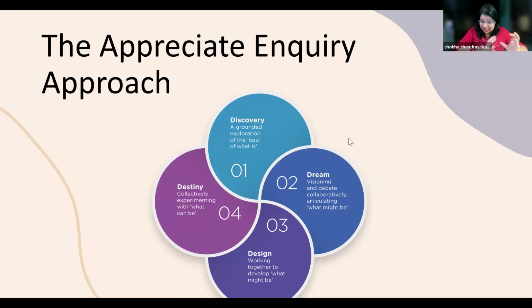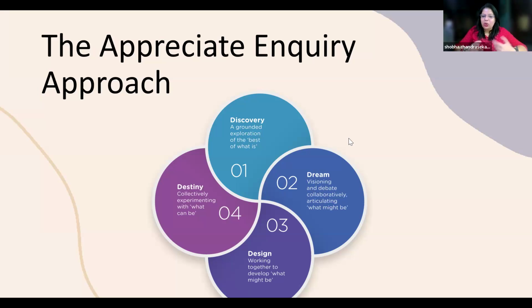Uncovering strengths, successes, peak experiences. Which other model talks of success? Success case method. Is it the success case method? Yes, correct. This is similar, except there they also talk of failures. Here you don't.